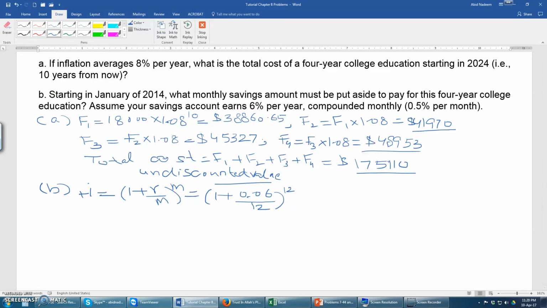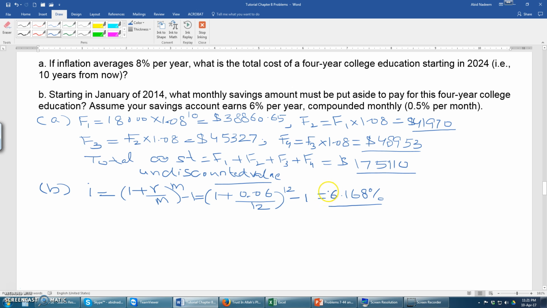So 1 plus i minus 1, equal to 6.168%. Many approaches can be used.